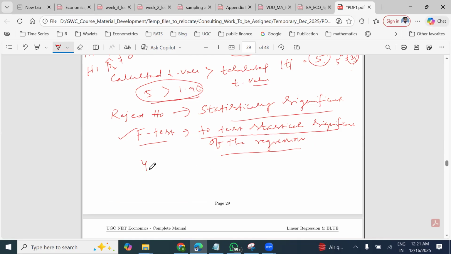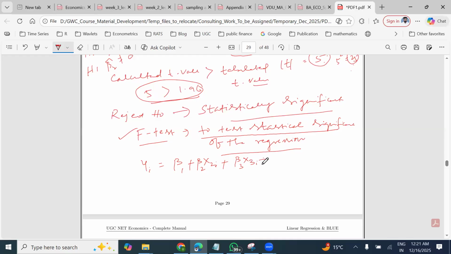So let's say you are estimating a regression Y_i = beta 1 + beta 2 X_i, because you have gone only till here. I am just writing it in a different way, expanding it to multiple regression. Multiple regression means more than one independent variable.